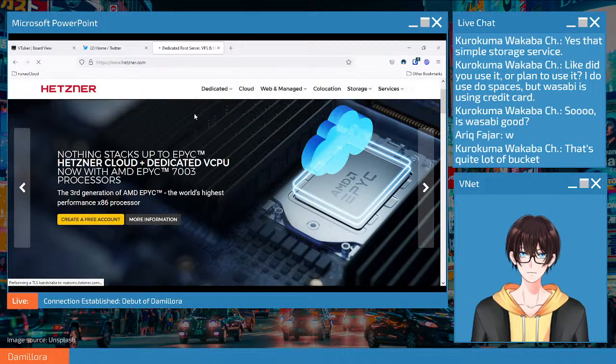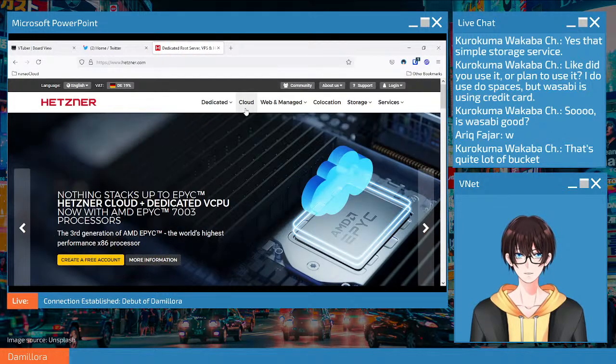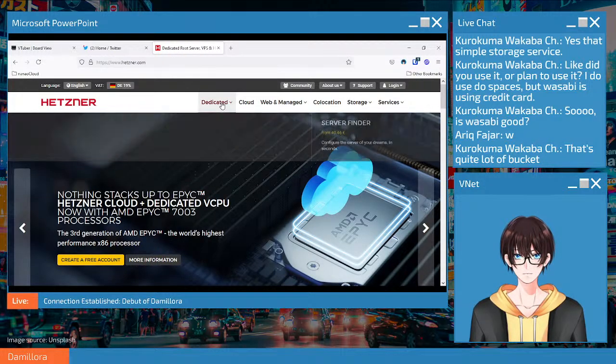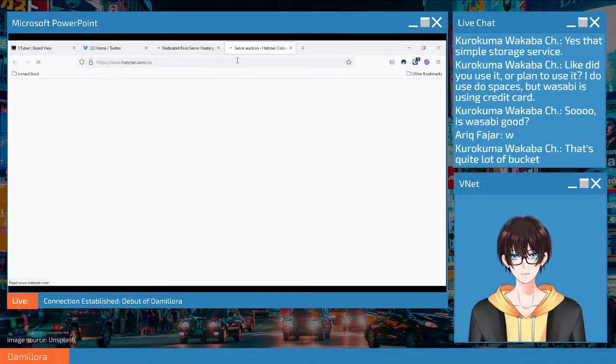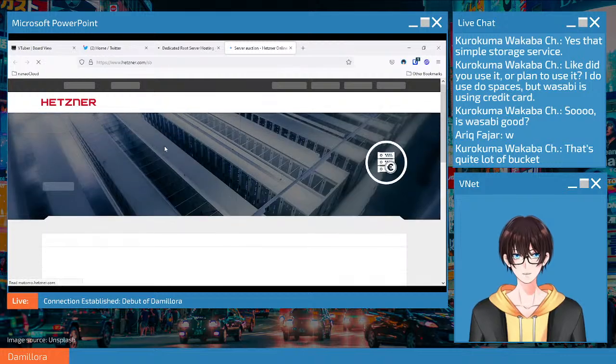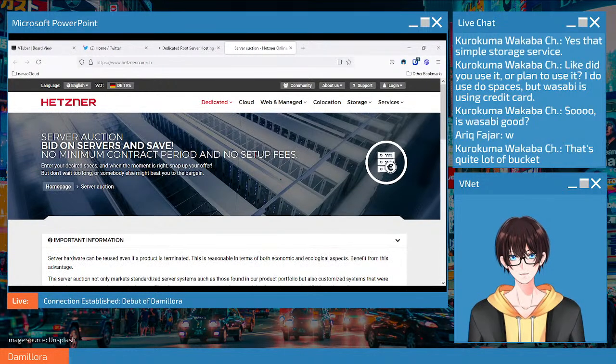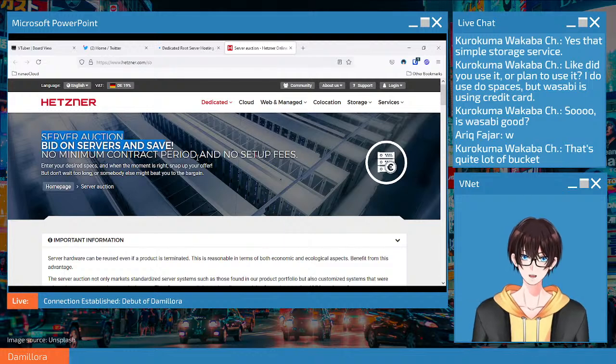This is the Hetzner provider that I use, and a very interesting thing is that they have a server auction, where you can buy servers that were previously used. Server auction, bid on servers and save. No minimum contract period and no setup fees.